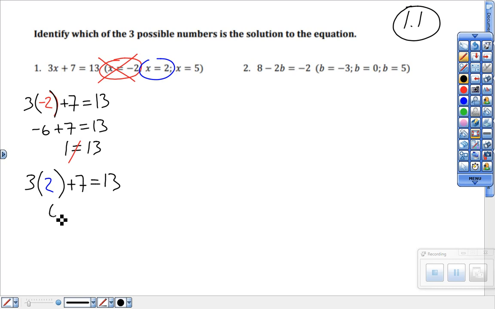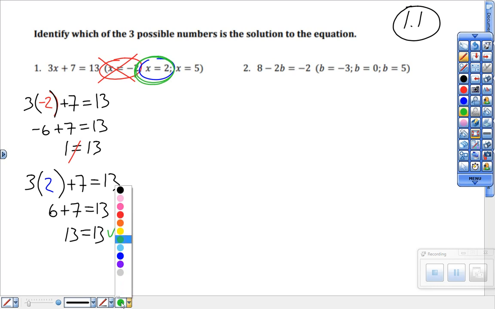That gives me 6 plus 7, which is 13. That shows that x equals 2 is a solution to that equation. Yes, that one works.